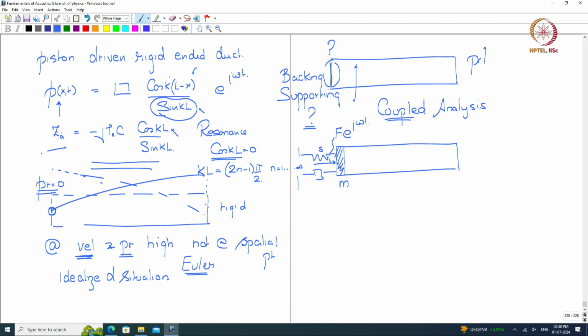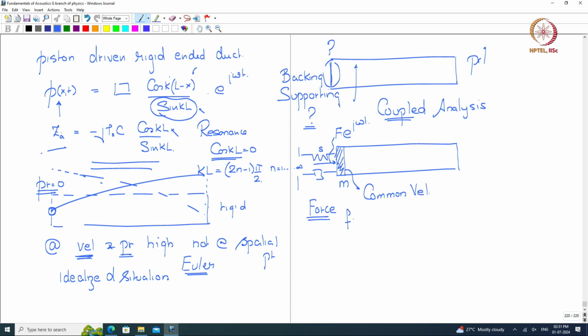Now in this case what happens? The impedance seen from the force, it is a common velocity junction, common velocity. So both impedances will add.